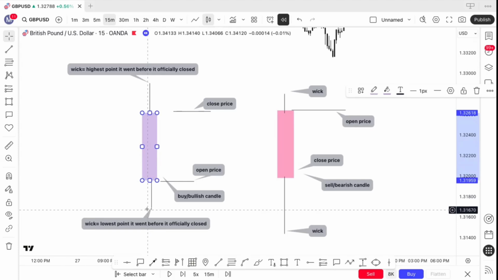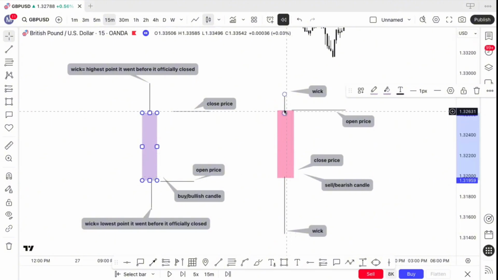The reason is that for sells, or a bearish candle, you can say it goes down, meaning the open price has to be at the top and the close price has to be at the bottom because we're going down. The closing price has to be at the bottom if you are selling, meaning the candle might have opened here, and then it went all the way down and closed here.